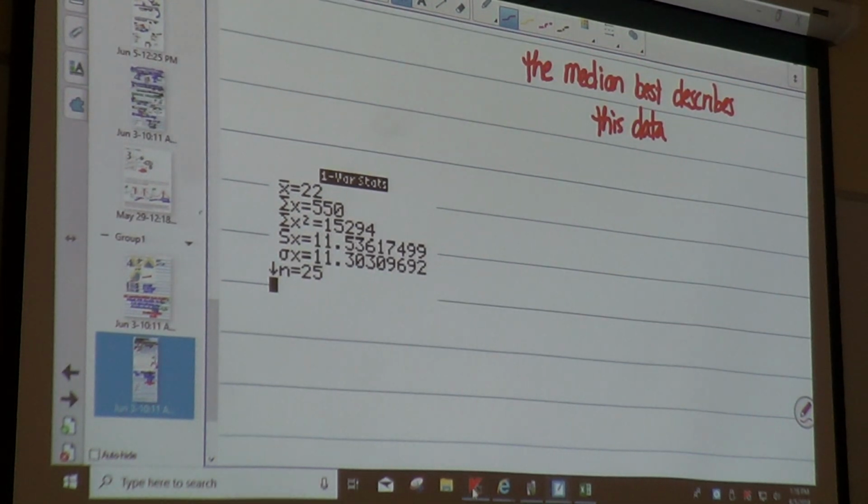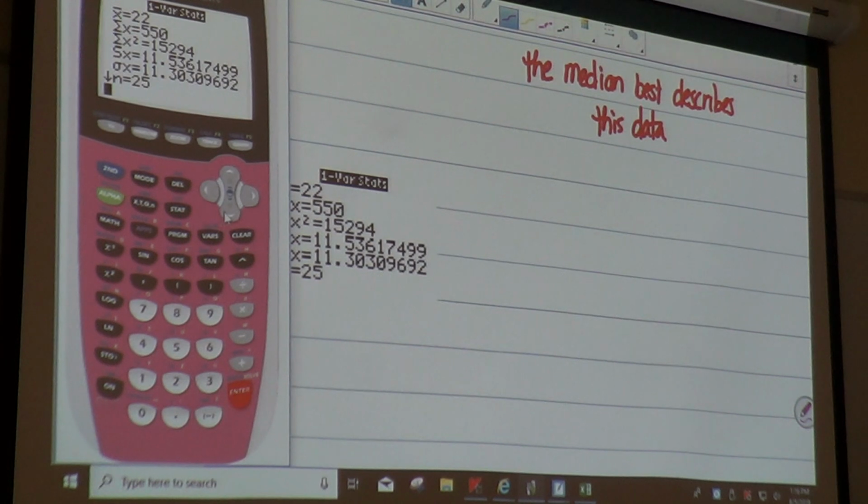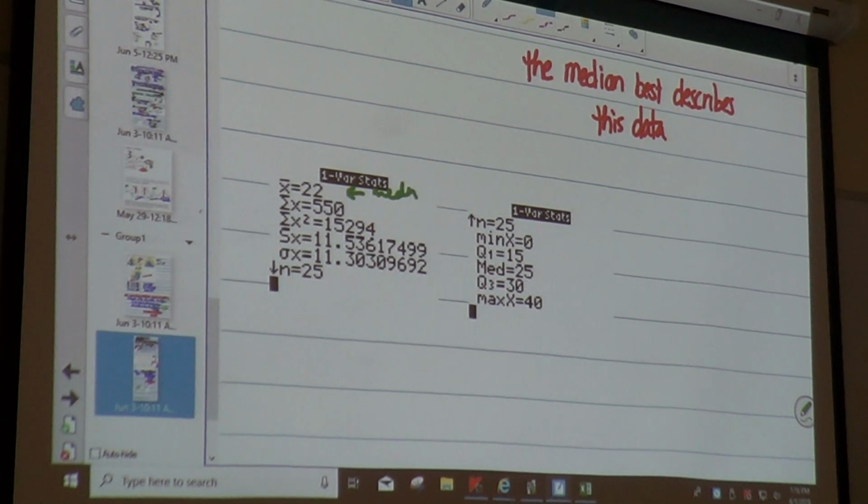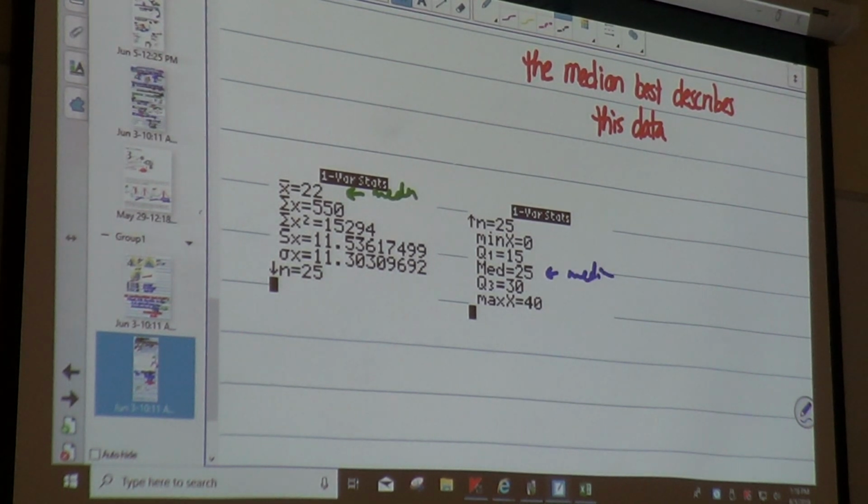All right, so there's that one. And then I'm gonna scroll down, and there's that one. So we want to compare our mean, and we want to compare our median. So our mean is 22. Our median is 25. So our mean is less than our median.